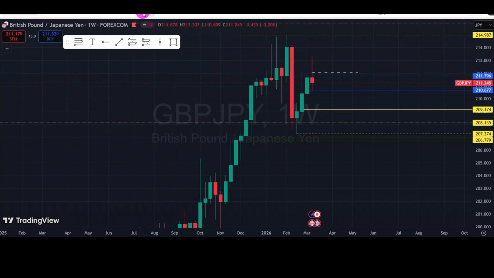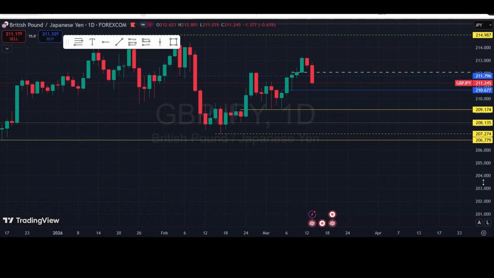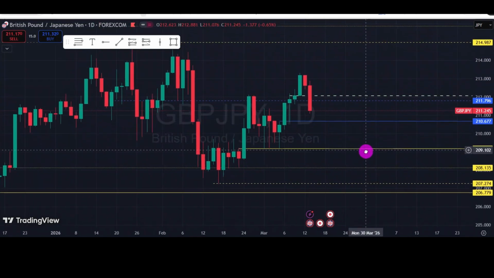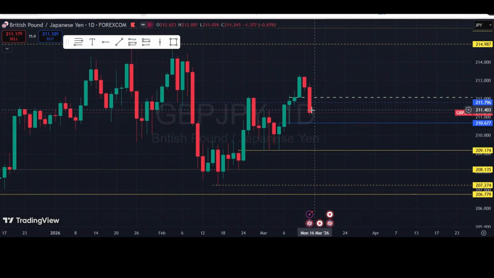If we drop to the daily time frame, as of last week the market reacted to the order block and then closed here. So where is the next draw on liquidity? I want to see price run into this order block at 210.67. That's this level.